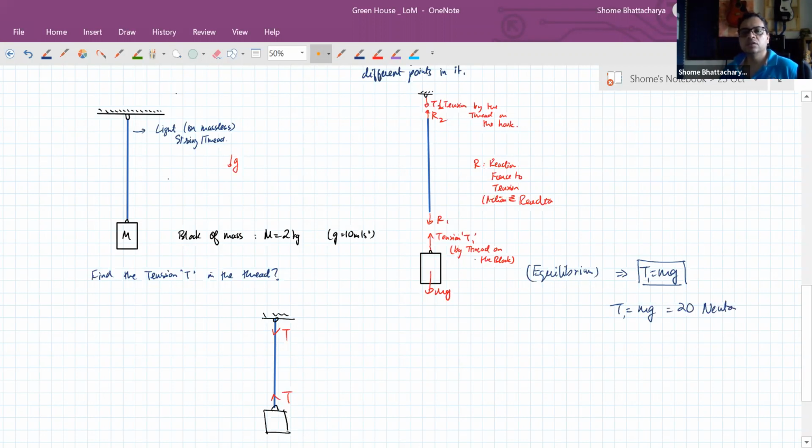Now think of the rope. Now what is happening? The thread is also in a state of equilibrium. So R2 must balance R1. Now R2 is nothing but T2 and R1 is nothing but T1, because they are action reaction pairs.